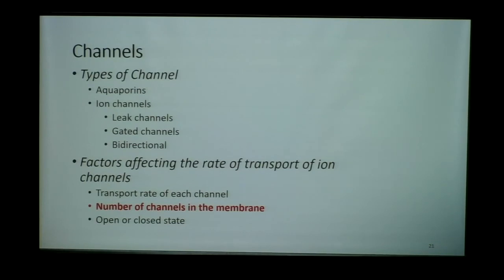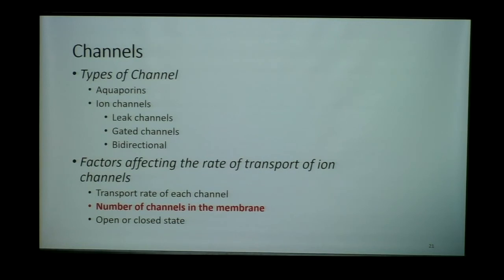If you're in the desert and you lack water, you want to reabsorb as much water from your kidneys as possible. So you're going to upregulate the number of aquaporins in the collecting duct. That's going to help you reabsorb more water. If you're well hydrated, you don't need that mechanism as much.